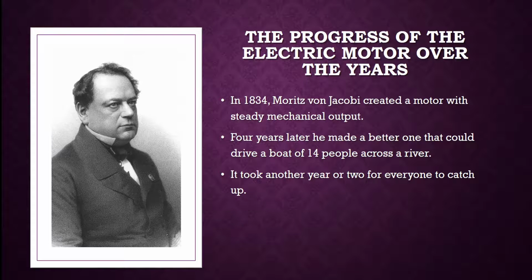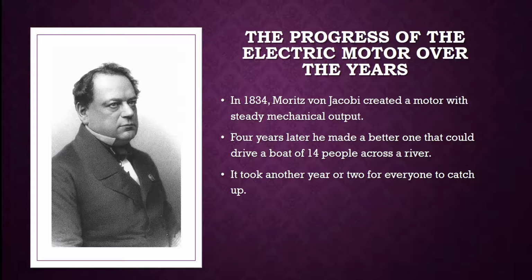However, in 1834, Moritz von Jacobi created a motor with steady mechanical output that far beat anyone else in the field. 4 years later, he made a better one that could drive a boat of 14 people across a very wide river, and the one in 1834, by the way, actually set a world record, and it was only beaten 4 years later by himself.